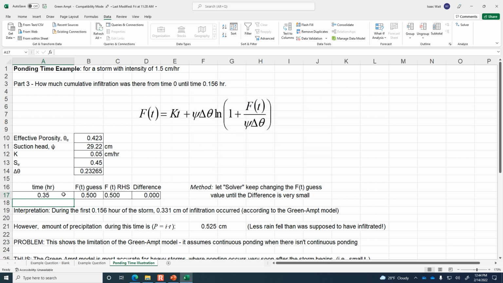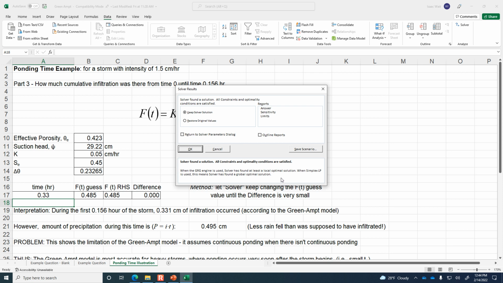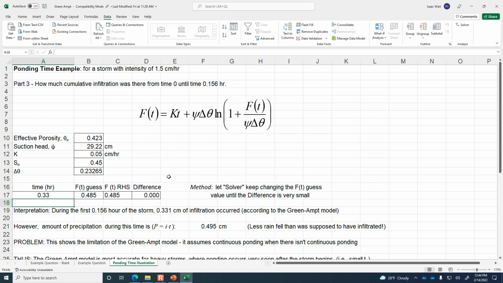Okay, we're too far. So at 0.35 hours, that tells us that the infiltration amount is less than the rainfall amount. So we're just looking for where those two curves intersect. So maybe 0.33. This may be as close as we're going to get.